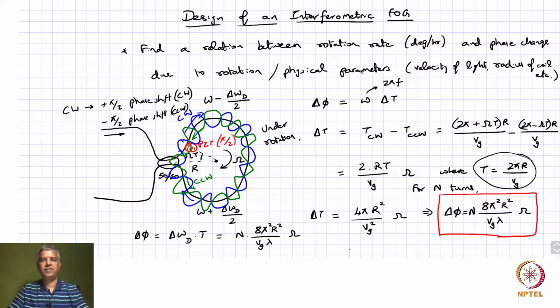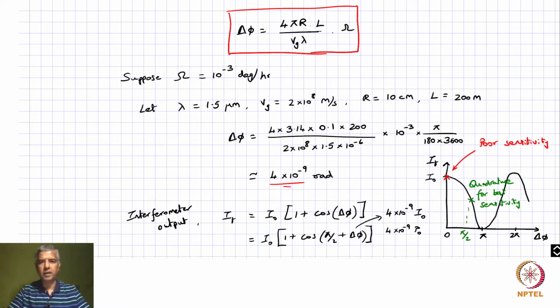Hello. In the last lecture we started talking about the design of an interferometric fiber optic gyroscope, and we got to the point where we defined the change in phase as a function of rotation rate, and we looked at some typical numbers.